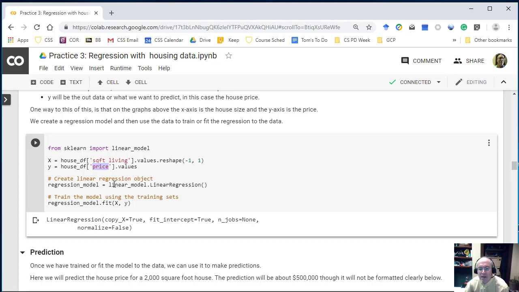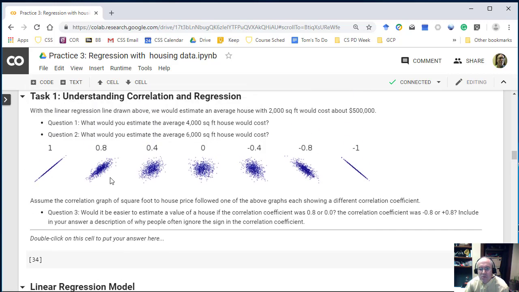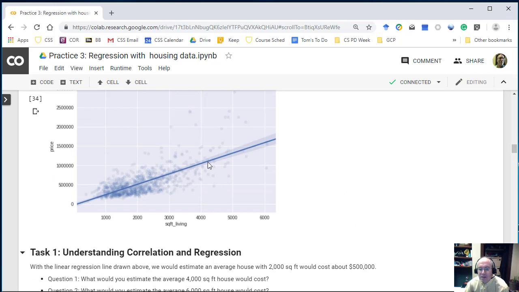And then we're going to create a linear regression model. And again, from our scikit-learn library, we imported linear model, and from that we are creating a linear regression model, and we just give it some name. And then we can use that model and we call fit. And what that does is do what we described above, is figure out this line, calculate where this line will be given all the data points.